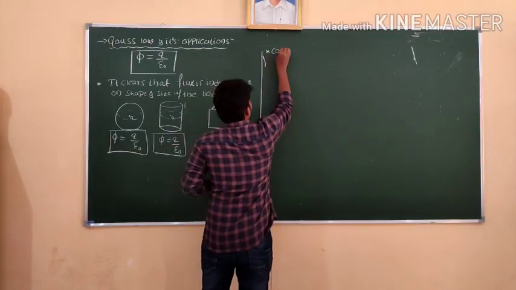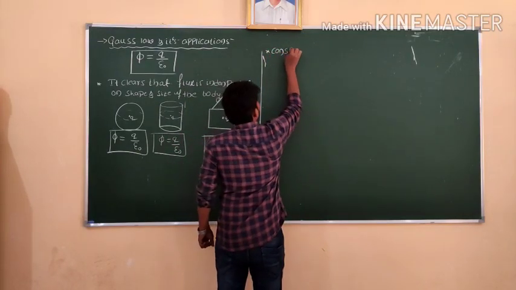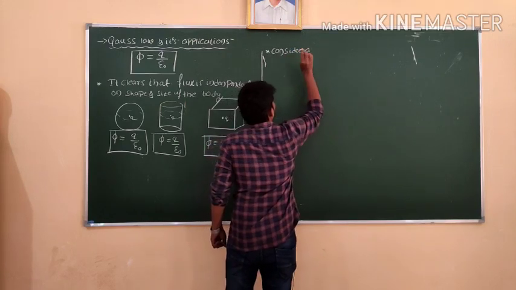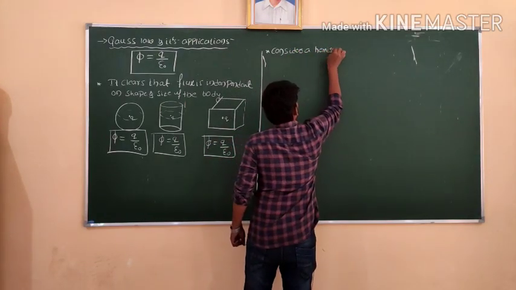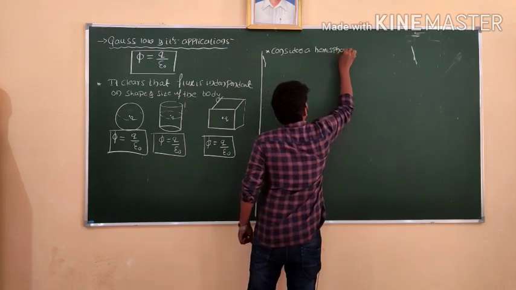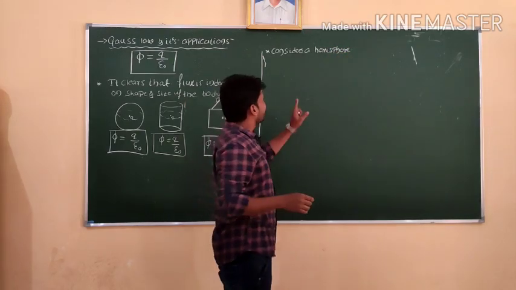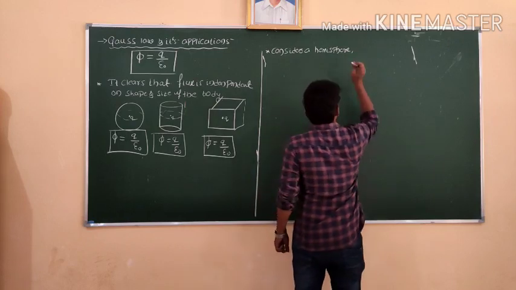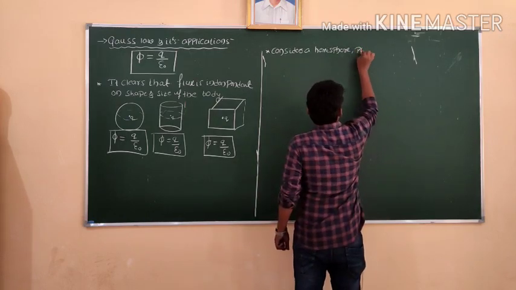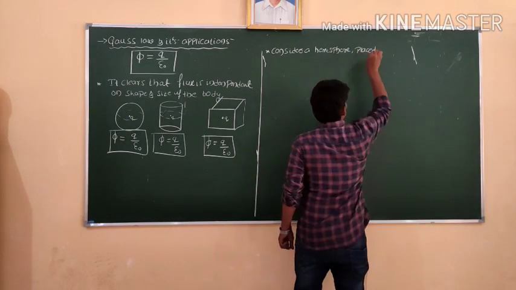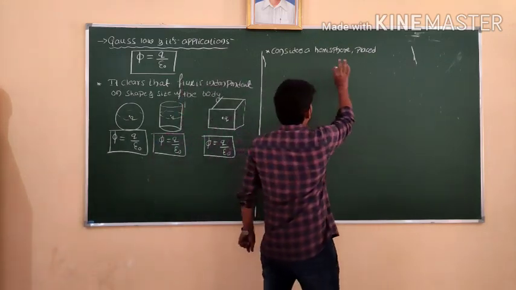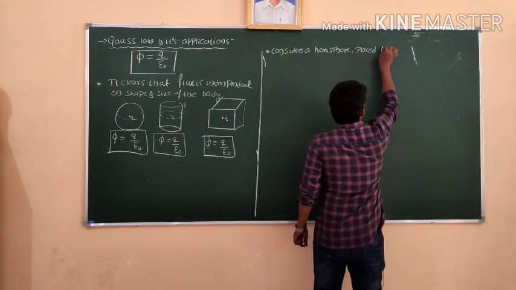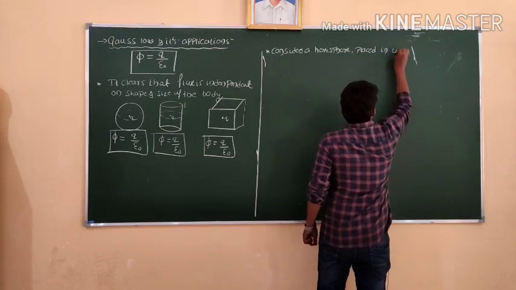Consider a hemisphere. Hemisphere means half of the sphere. Consider a hemisphere placed in a uniform electric field.